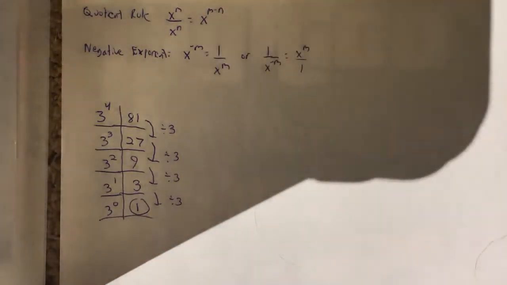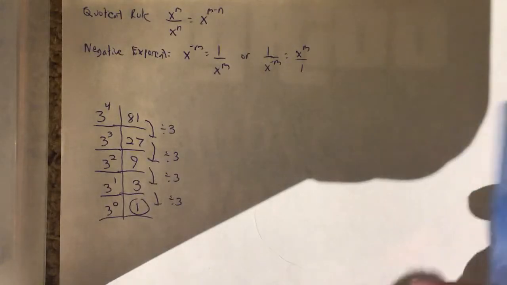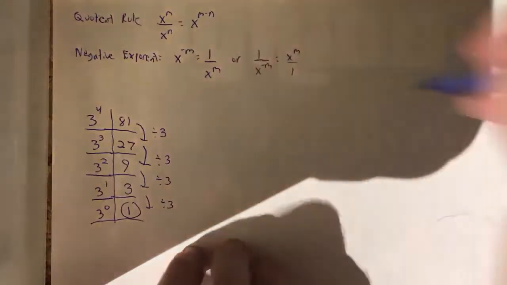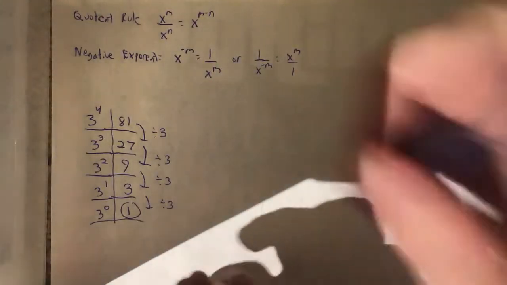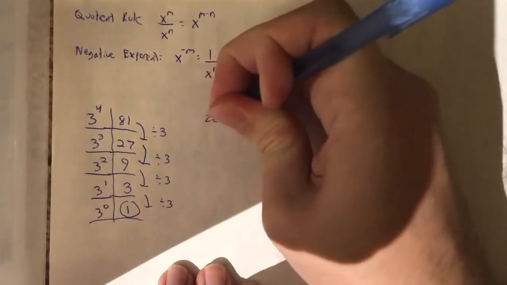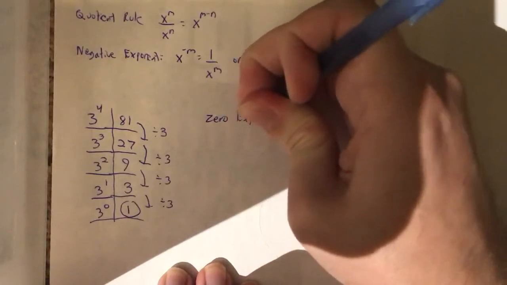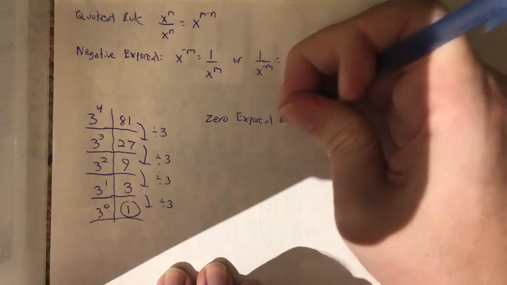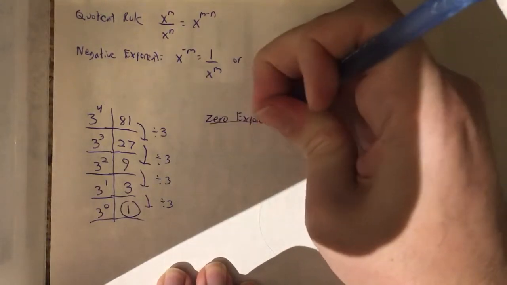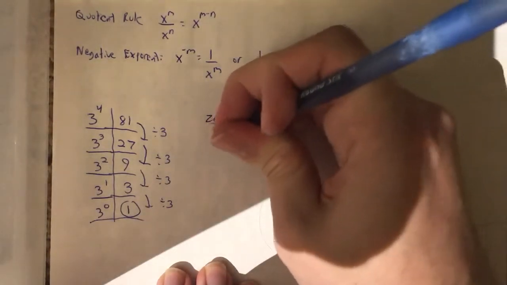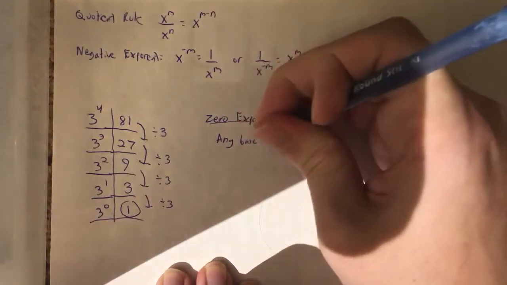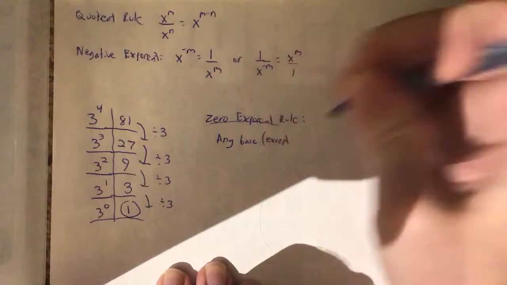So this leads us to our zero exponent property, which is the following. Okay, this is our zero exponent rule. Any base except 0, so I can't have a base of 0.